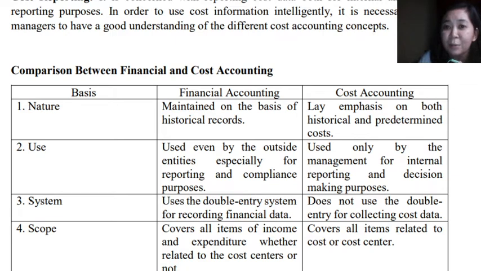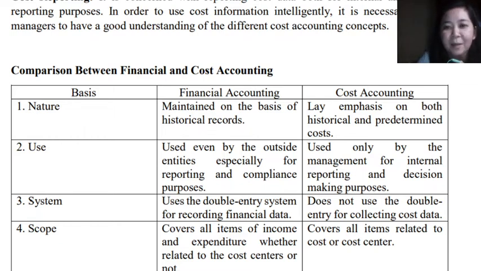But when we record the transactions, we still follow the double entry system. When it comes to cost accumulation, cost determination, and collection, we do not use the double entry. But if we record the cost in the books of accounts, that is when we use the double entry system.